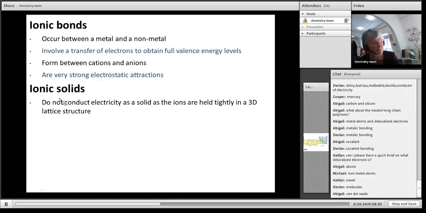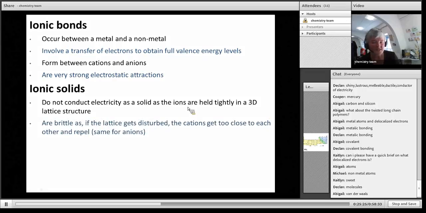So this is the macro, this is the micro explanation. These ions are held in 3 dimensions, so all the charges are fixed in position because they've got an ion in front of them, behind them, to the left of them, to the right of them, and they're stuck. They can't move. And remember, electricity is movement of charged particles. The ions are charged, but they can't move because they're stuck in the 3D lattice structure.